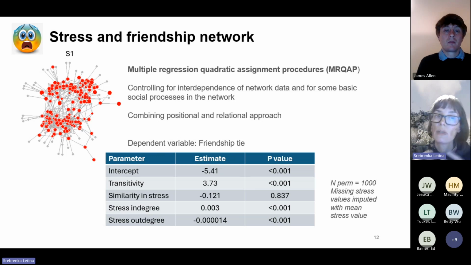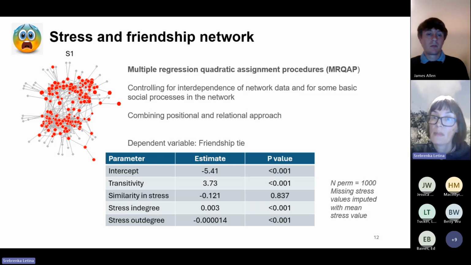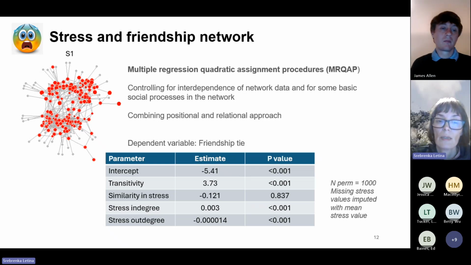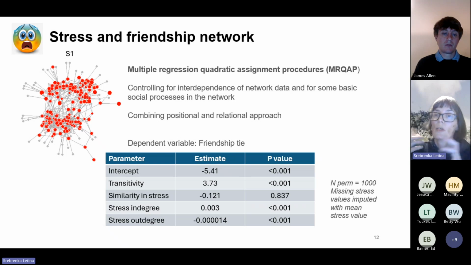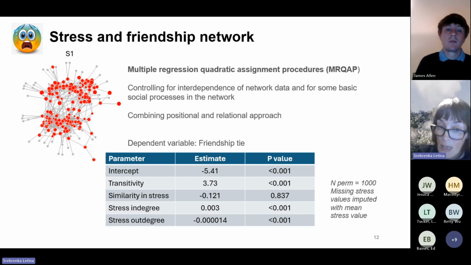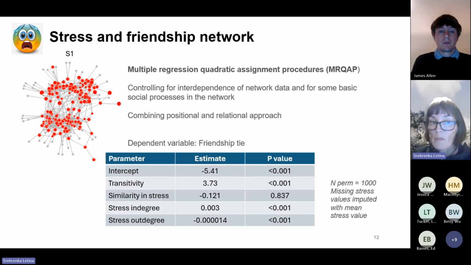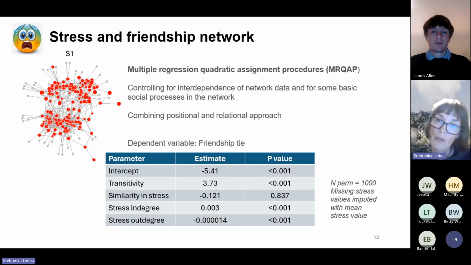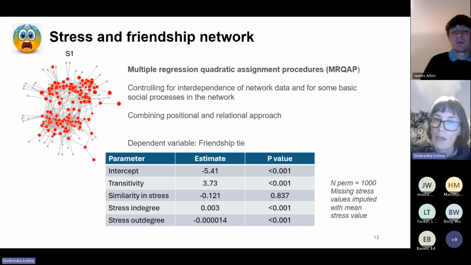But that's just to give you an example of what happens when we control for transitivity, the tendency of friends to be friends themselves. And when we took into account the stress and its relationship with in degree and out degree, and also the similarity of each pair of individuals in the network in their stress, at the same time, then we can see something that we would not necessarily capture if we just looked descriptively, as I showed you before.